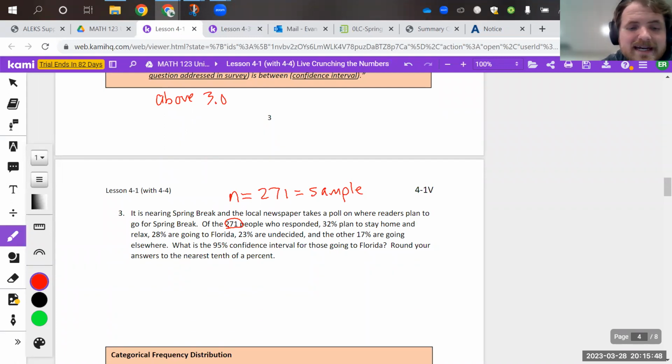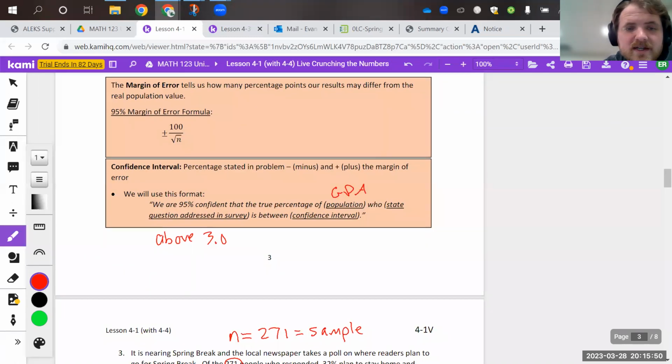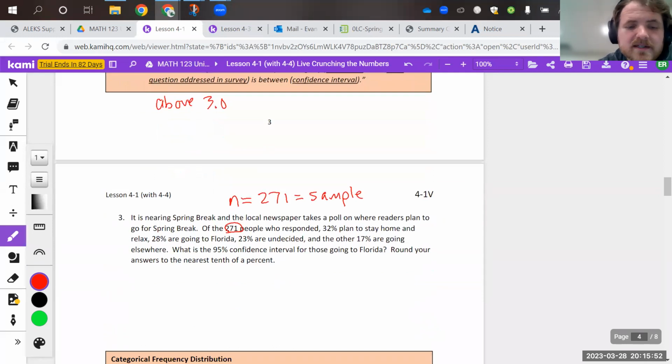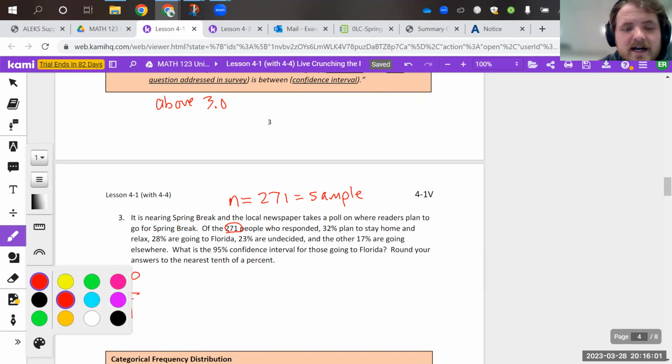So that 95% confidence interval, we're using that equation up there, plus or minus 100 over square root n. You'll see what the plus and minus does for a second. So if it says those going to Florida, okay, we were at 28%, and we're going to add something to get the upper bound.